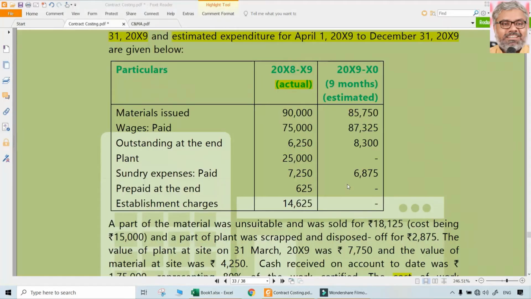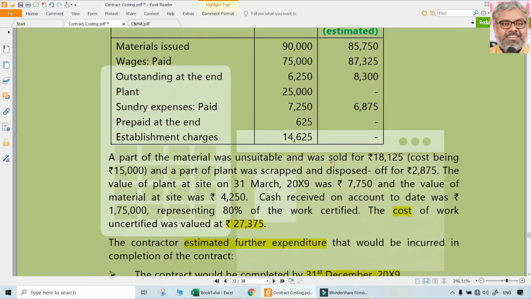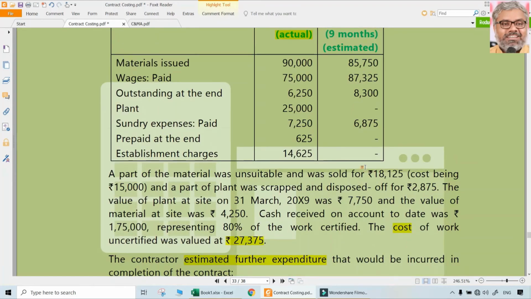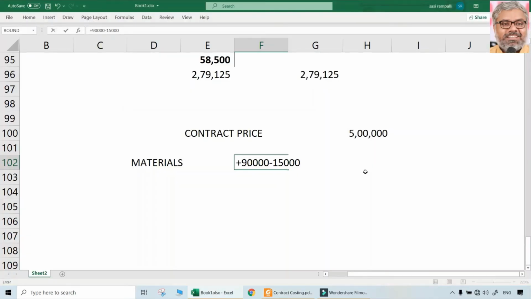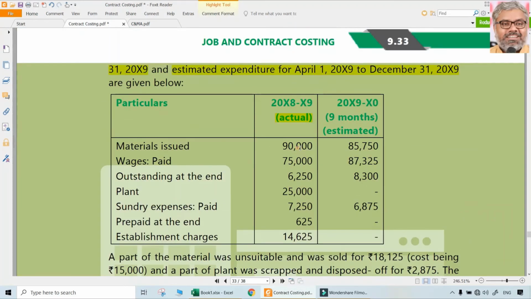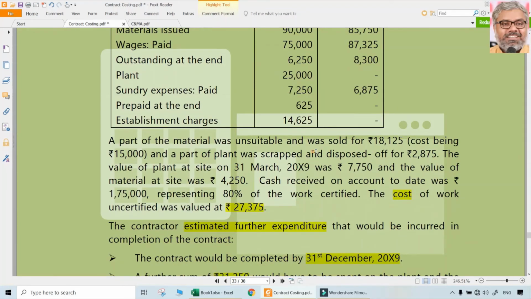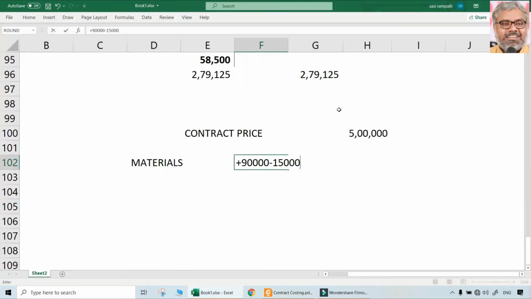Then, are there any materials at site? Yes, there was a value of material at site which was 4,250.